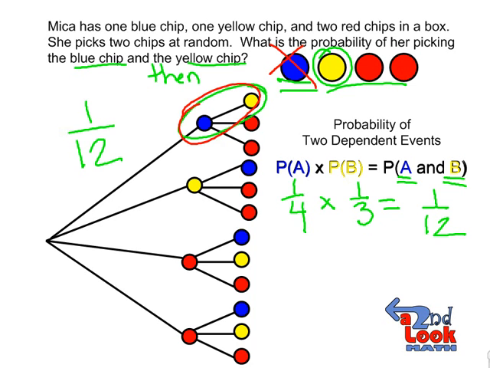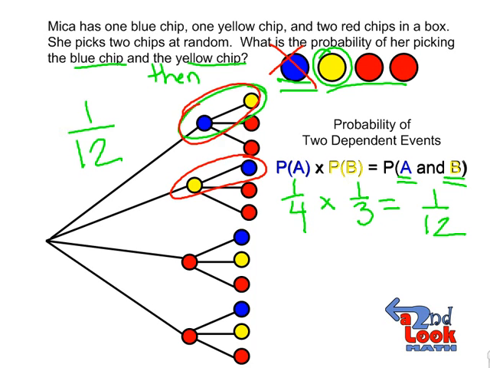But some of you who are very perceptive may have also noticed that yellow then blue happens 1 time, which would make this 2 out of 12, or 1/6.